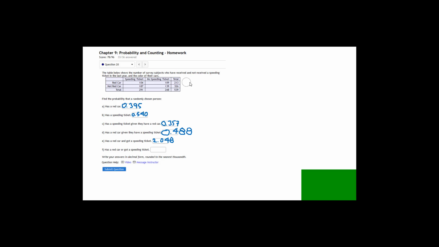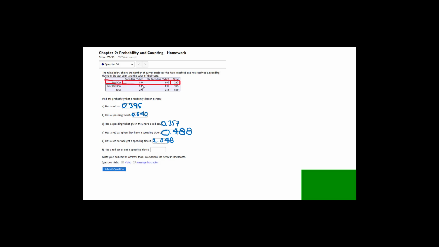Next is, has a red car. We're going back to the same red car row. Now we're looking at having the red car, 213 people, or got the speeding ticket.